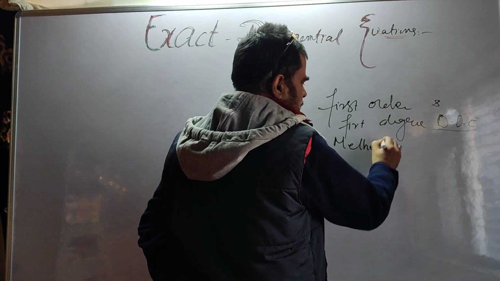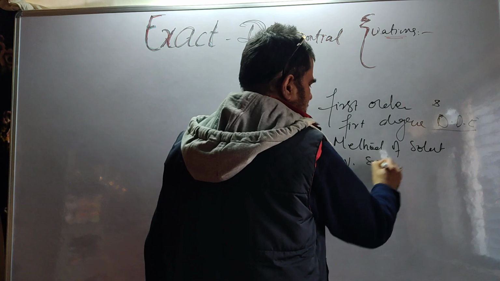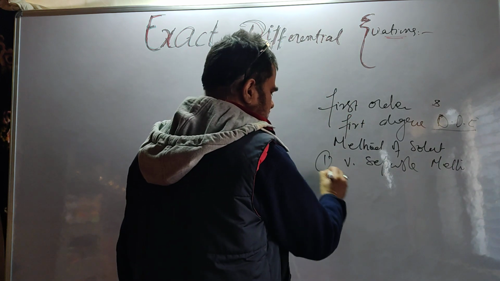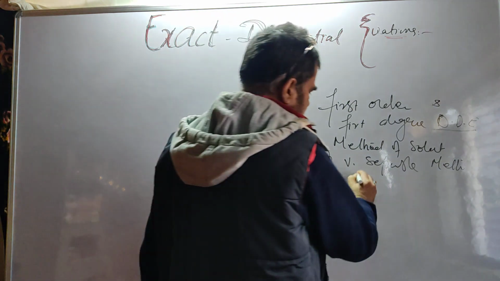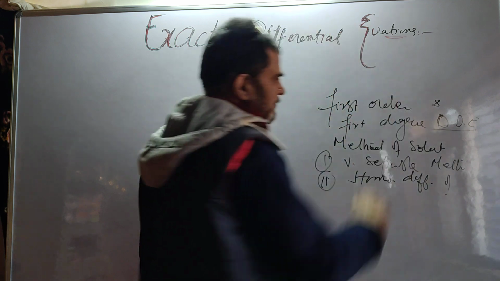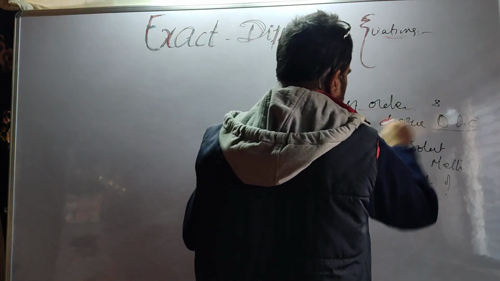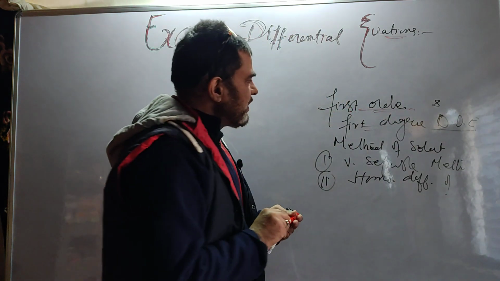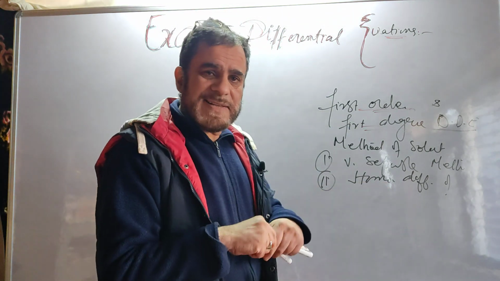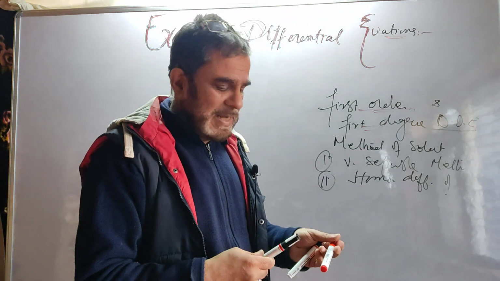In method of solutions you have done the variable separable method, and the homogeneous method, homogeneous differential equations of this order. We are discussing this with first order and first degree differential equations. In the homogeneous method, you make some substitution, then you convert it into the variable separable method.